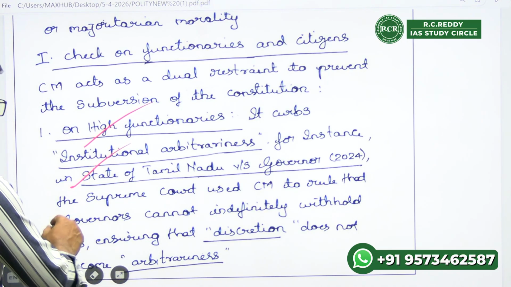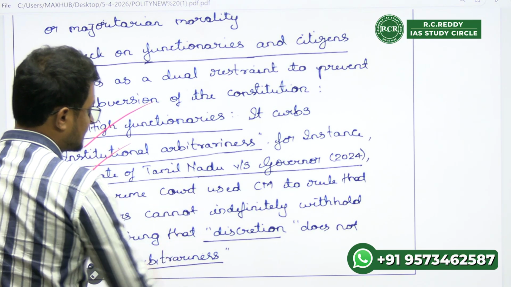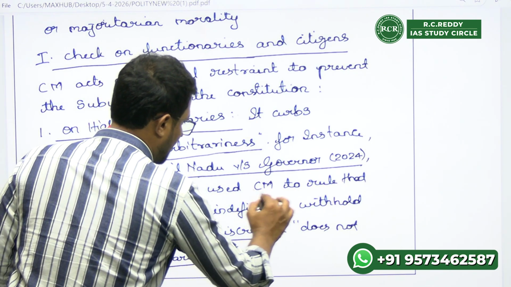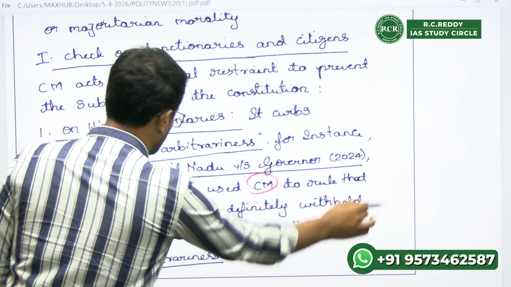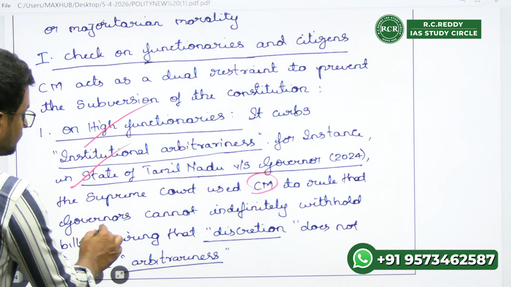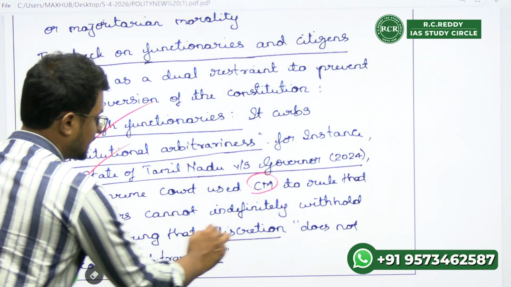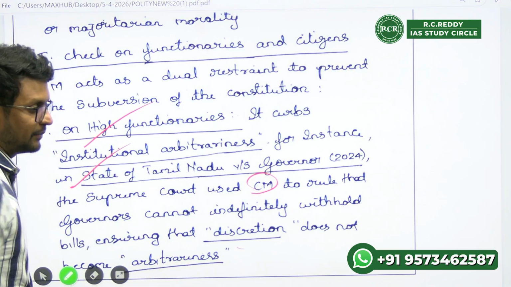It used constitutional morality to rule that governors cannot indefinitely withhold bills, ensuring that discretion does not become arbitrariness.